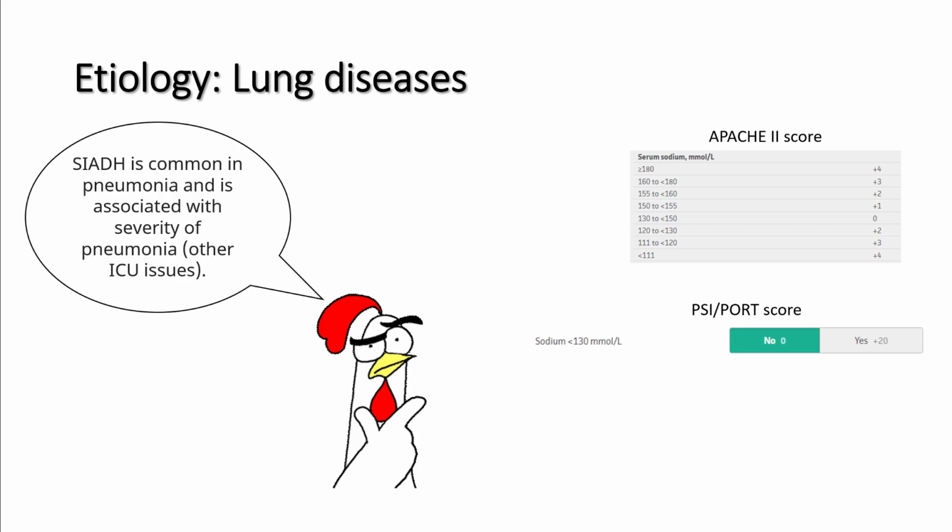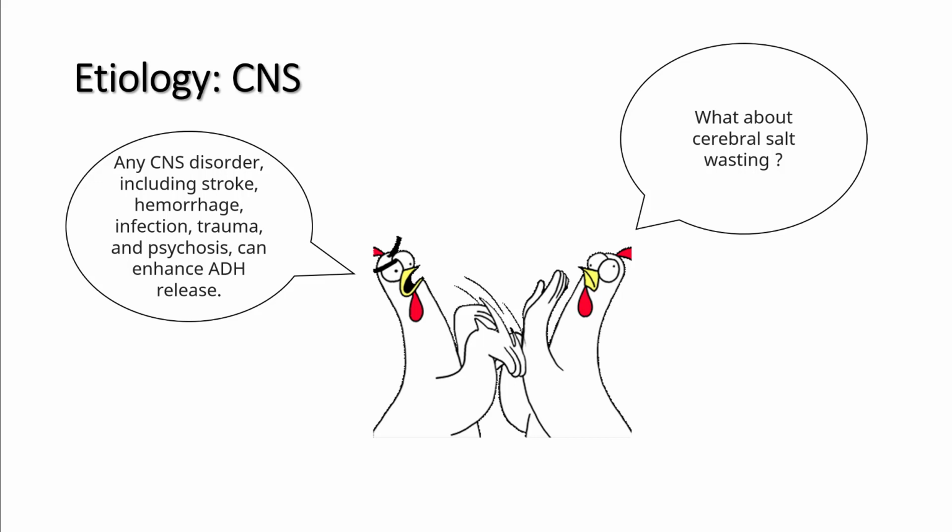SIADH is also seen in lung diseases such as pneumonia, interstitial lung diseases, or any inflammatory lung disease. And the severity of SIADH will depend upon the severity of the inflammation. So if you look at the PORT score in pneumonia, sodium is one of the markers for severity of pneumonia. Look for CNS causes because any stroke, hemorrhage, infection, trauma, or psychosis can enhance the ADH release.